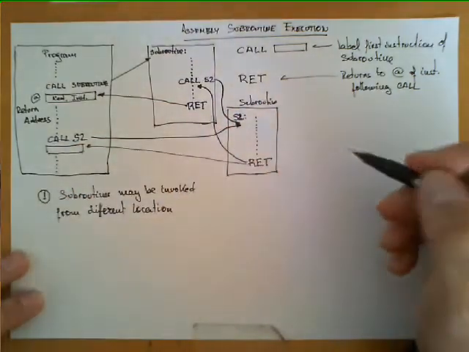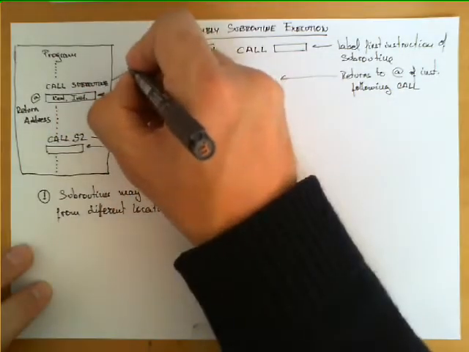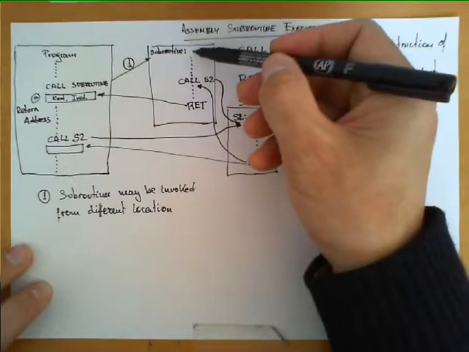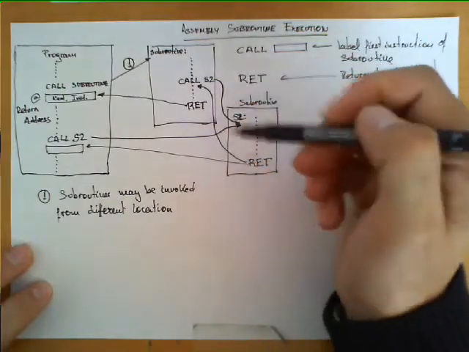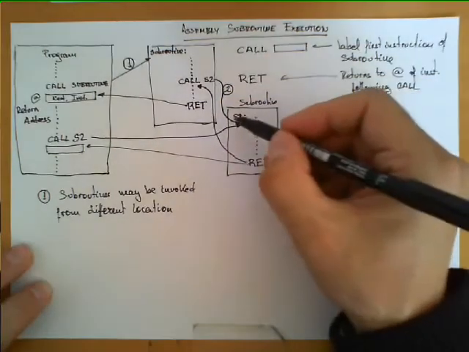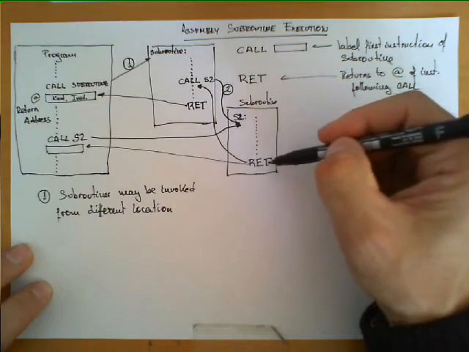Let's review again the sequence of steps we are considering. First, this program executes, and in call number 1 it invokes this subroutine. This subroutine starts executing and at some point makes a call to subroutine number 2. Let's call this arrow number 2. Subroutine number 2 keeps executing all the way to the end of this return instruction.